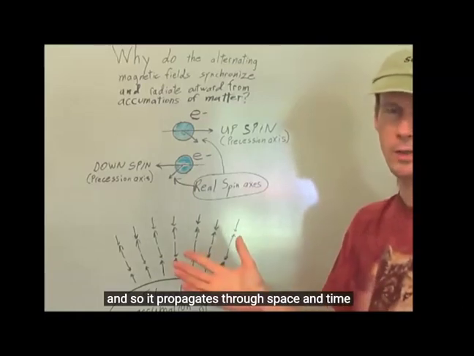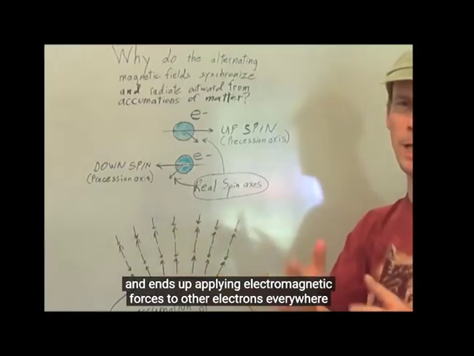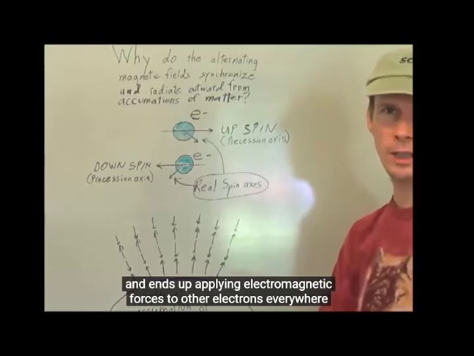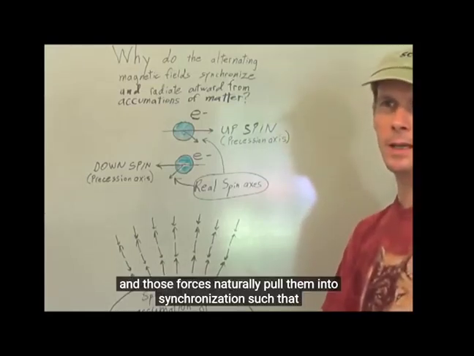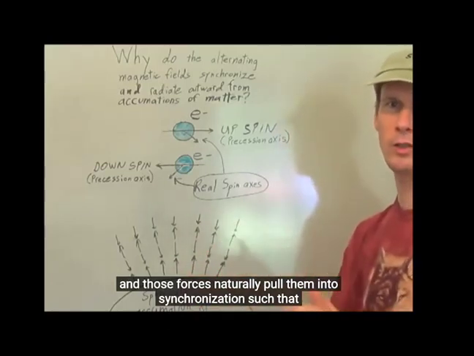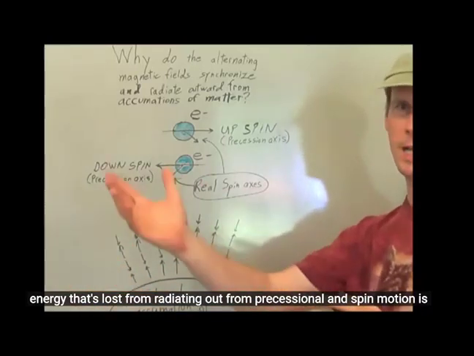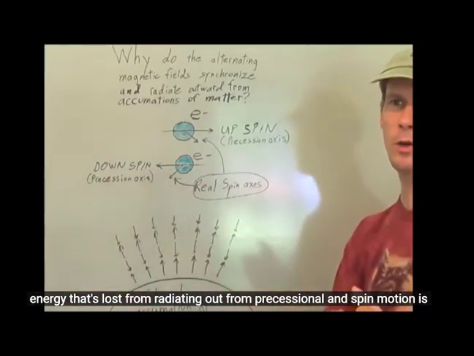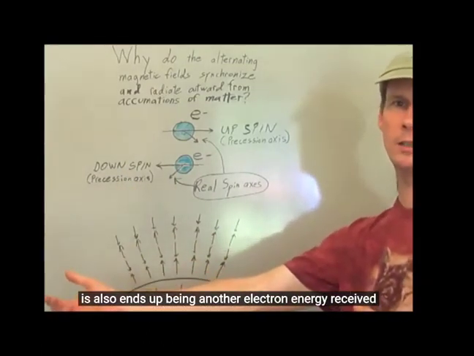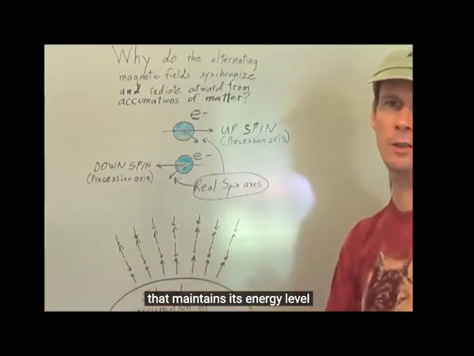And so it propagates through space and time and ends up applying electromagnetic forces to other electrons everywhere, and those forces naturally pull them into synchronization such that energy that's lost from radiating out from precessional and spin motion ends up being another electron's energy received that maintains its energy level.